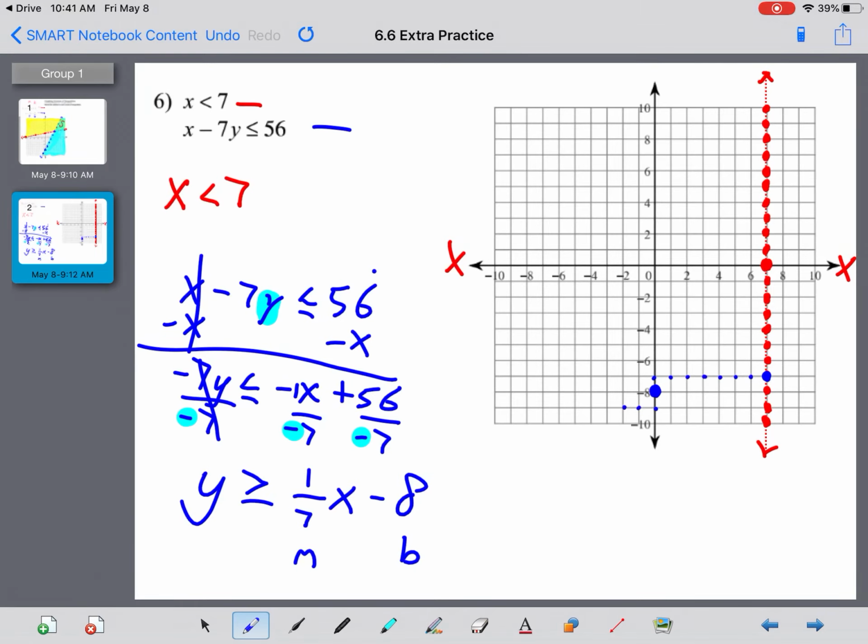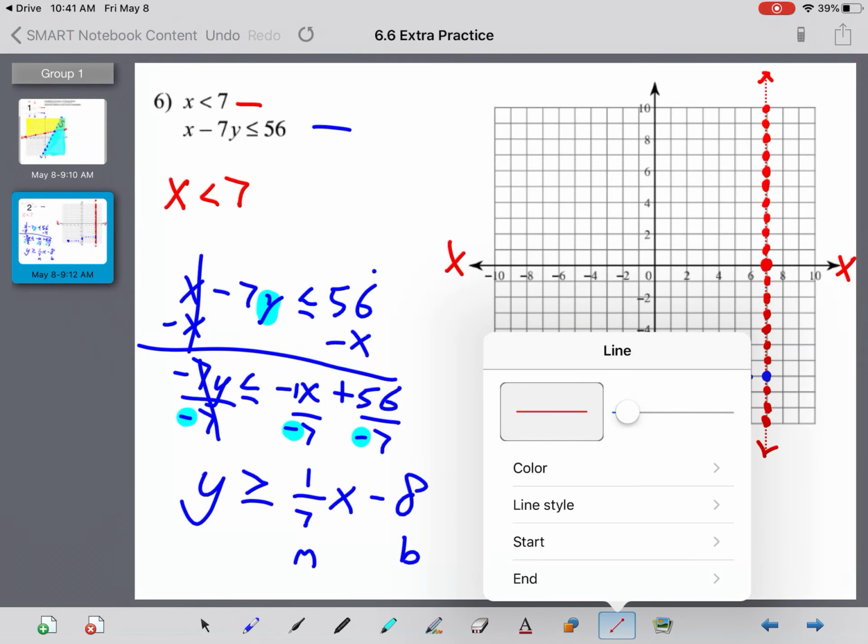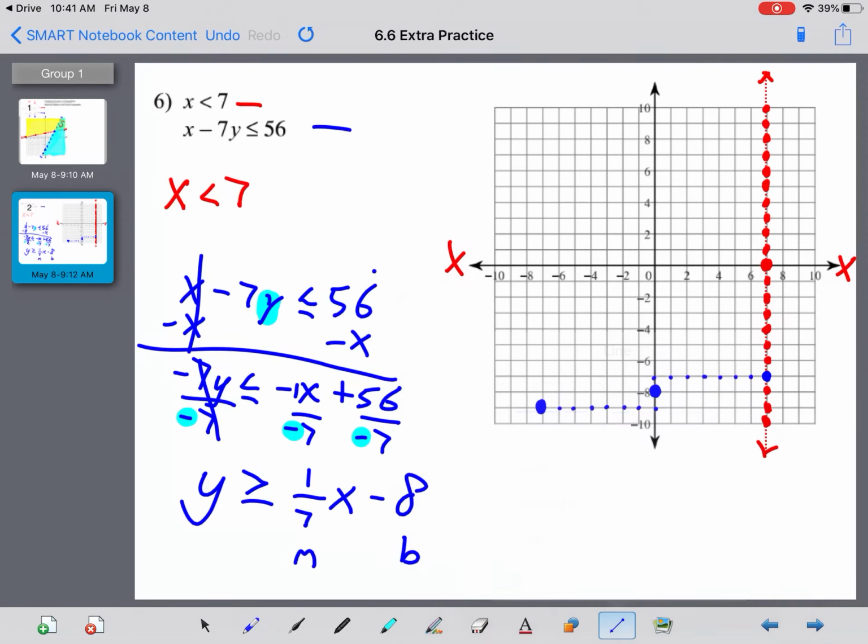When you run out of room, you're allowed to go down 1, left 7. Down 1, 1, 2, 3, 4, 5, 6, 7. So we have 3 distinct points. Greater than or equal to means a solid line. There's your solid line.